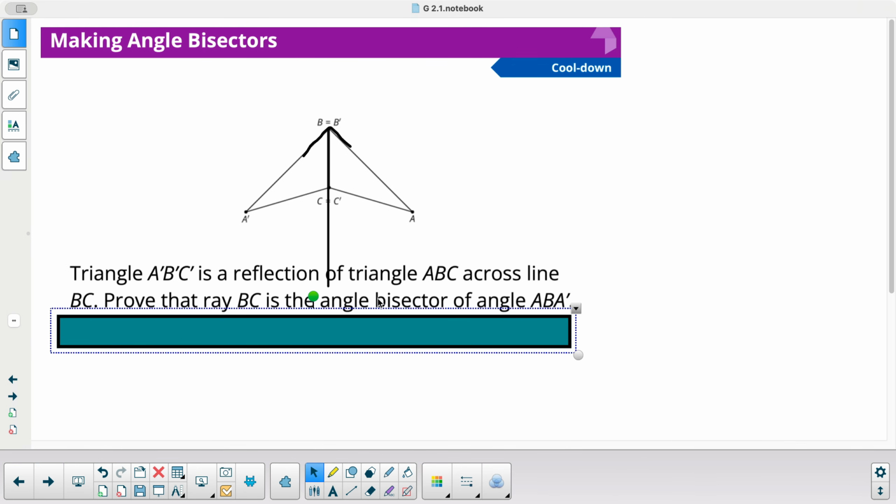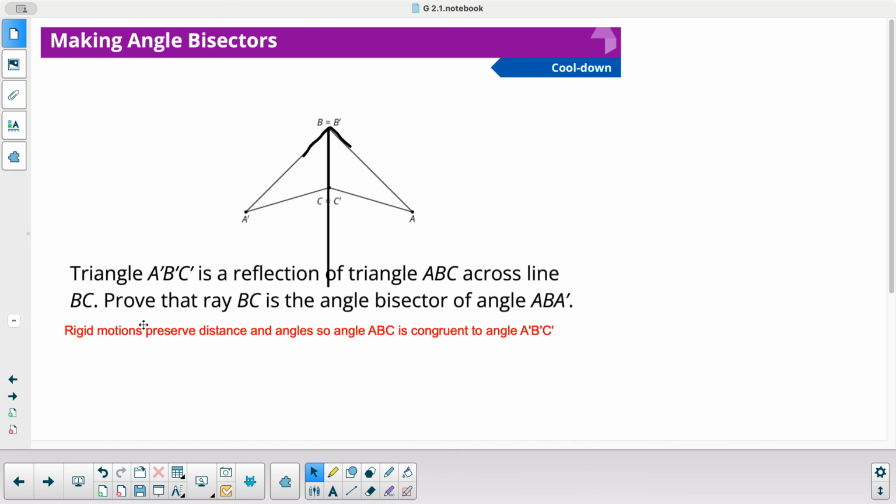So here's what I put for my reason. I put rigid motions preserve distance and angles. So angle ABC is going to be congruent to angle A prime, B prime, C prime, because reflections preserve angles. So therefore, we can conclude that BC is the angle bisector because of the definition.